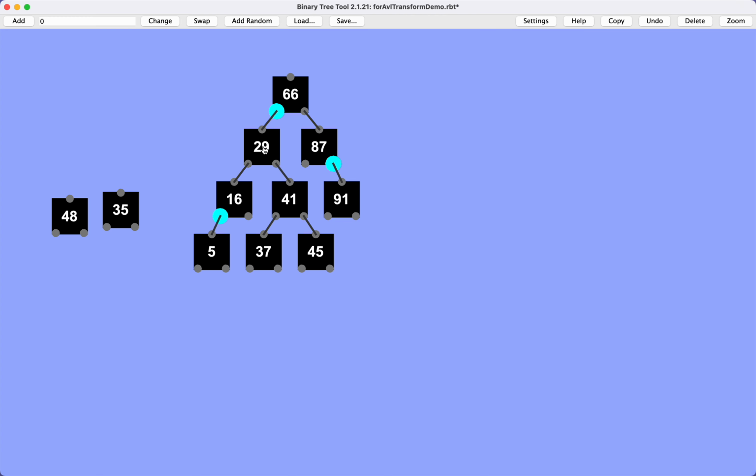The 66 had inserted the 5 into the 29 recursively. It had seen it as being unbalanced at first. Now it's balanced, but that doesn't change the height of the tree. And so there are no changes. If this was a subtree of a bigger tree, there wouldn't be any changes on the way back up, okay?